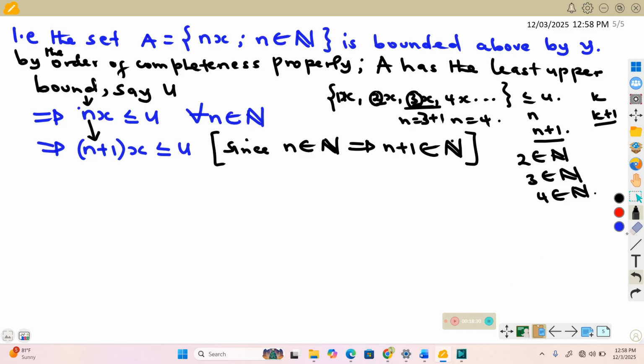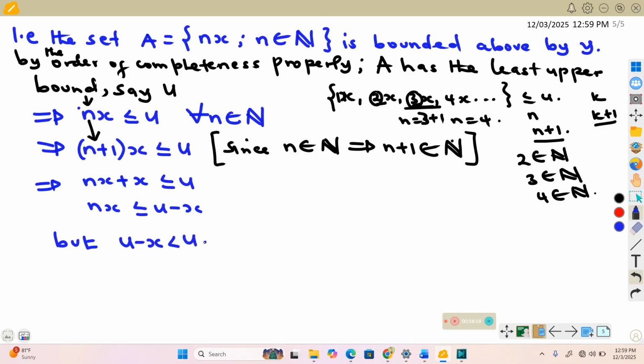Okay, so from there, let us go on and say this implies that nx plus x is less than or equal to u. So nx is less than or equal to u minus x. But when you look at this, u minus x is less than u.